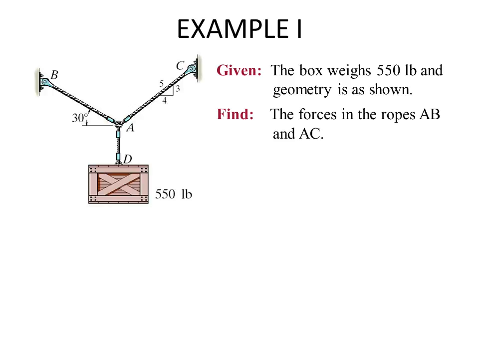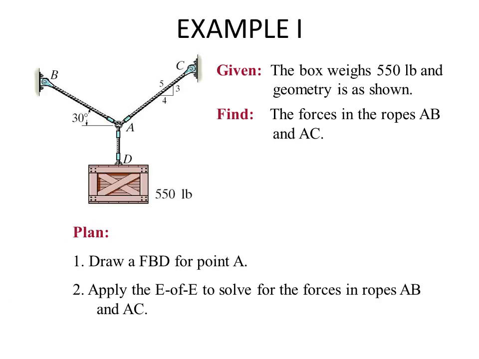Where do we begin? You should think about this. You want to start with a free body diagram. So we'll draw a free body diagram, then we'll apply the equations of equilibrium to solve for the forces in ropes AB and AC.